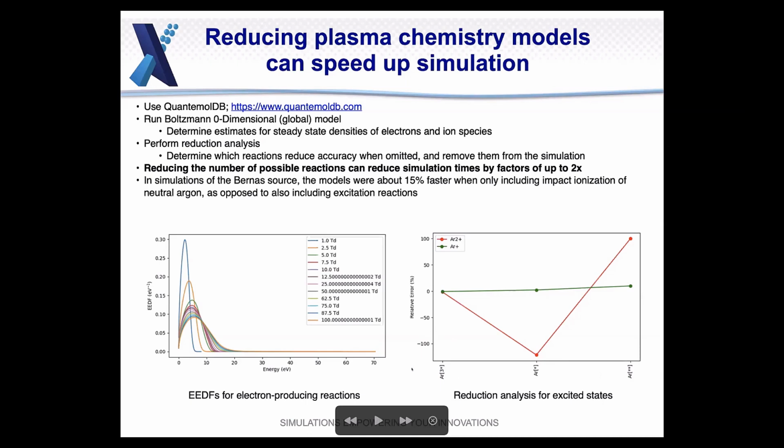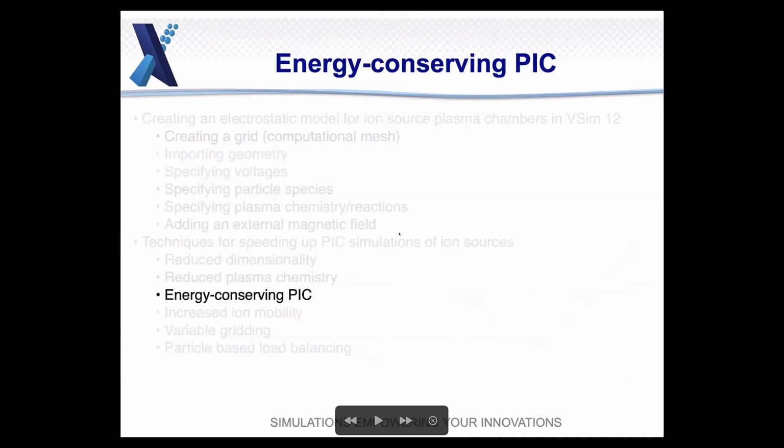So I could probably remove this species and all of the reactions that are included with that species, and not change the results very much. So this is a very powerful way. All right. So in my simulations for these, I got about a 15% bump by reducing the plasma chemistry.